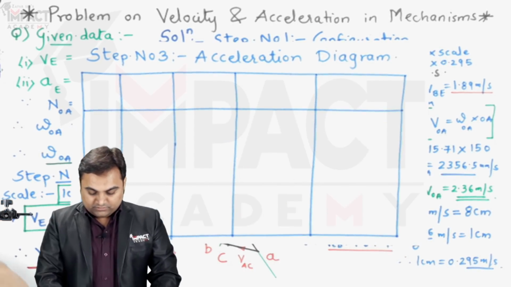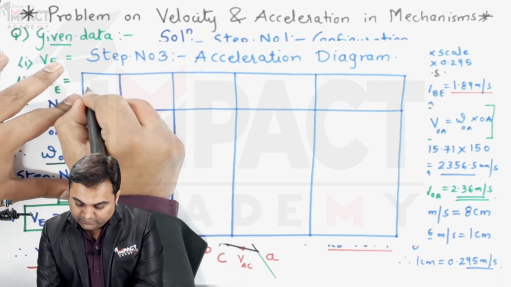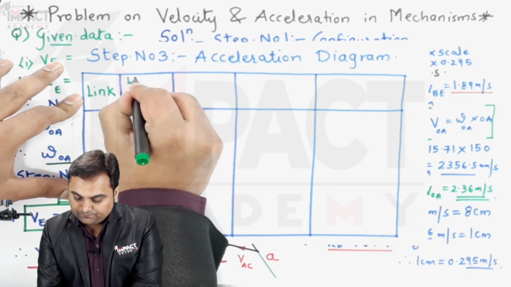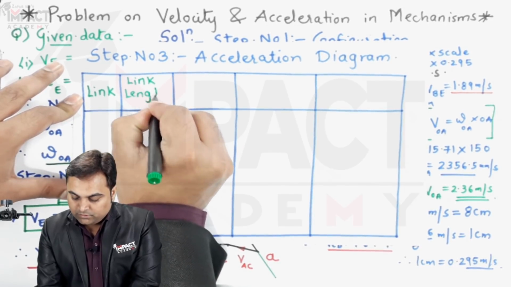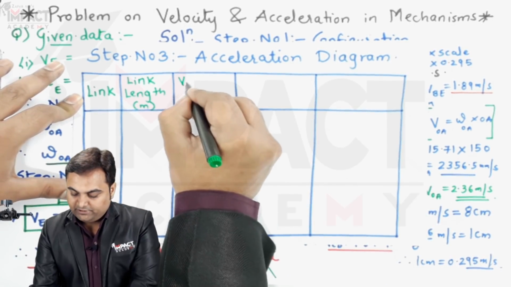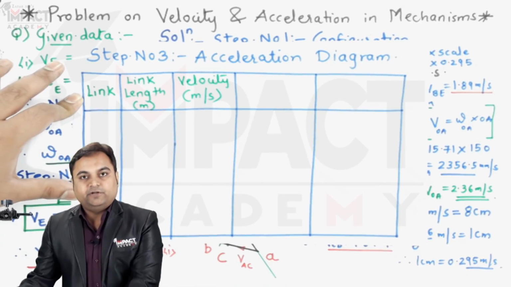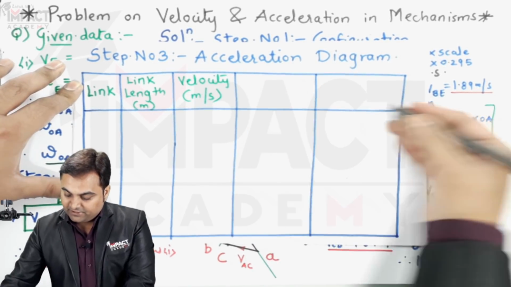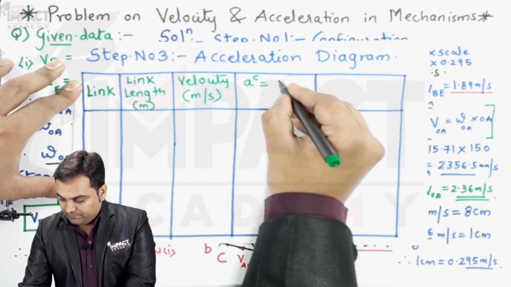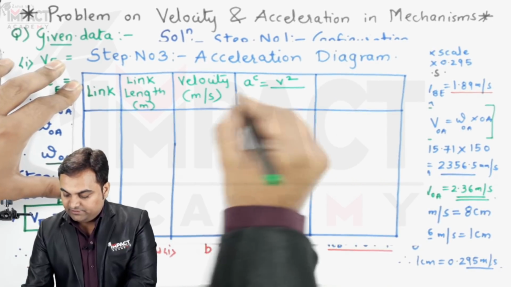Now writing the various columns, the first column is for the link, next is link length in terms of meter, then the velocity of the link in terms of meter per second. After that, centripetal acceleration, A suffix C, given by the formula velocity square upon the link length.